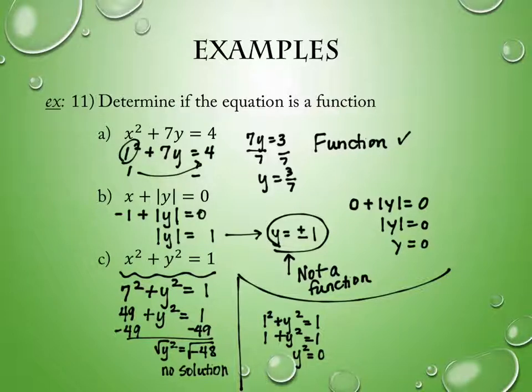And if I take a square root of 0, it's a number, but it's just 0. The square root of 0 is 0. So the thing that normally happens when we have square roots is, what do we have to put in front of them? A plus or minus. But what's plus or minus 0? It's just 0. So I only get one solution out of this.